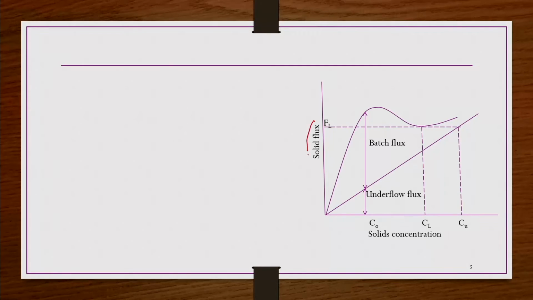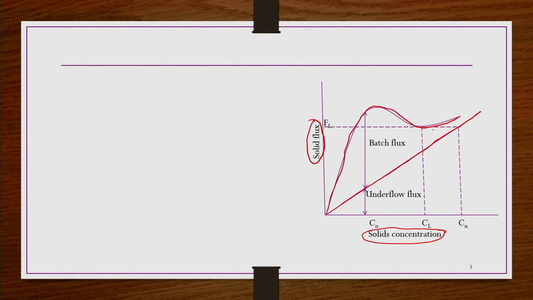So, when you plot the total solid flux against the solids concentration in the slurry, you may have a curve like this, right. So, this is the total flux, right. And then if you draw the underflow flux, you may have a straight line like this.